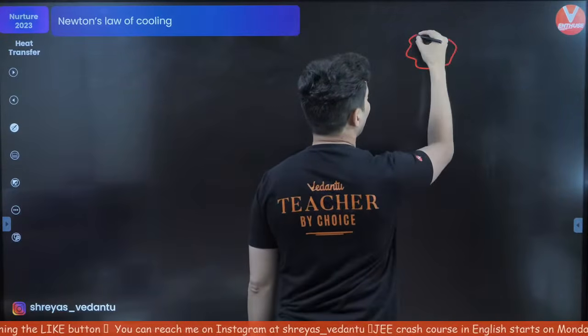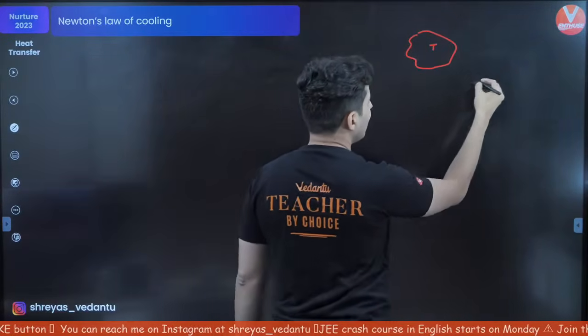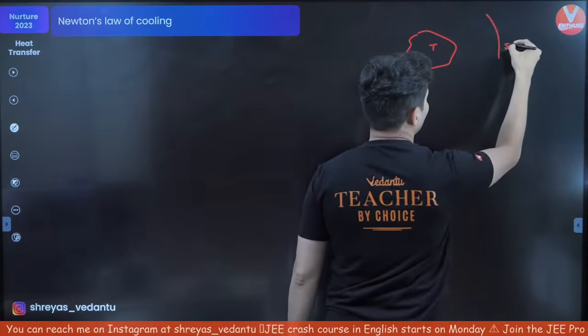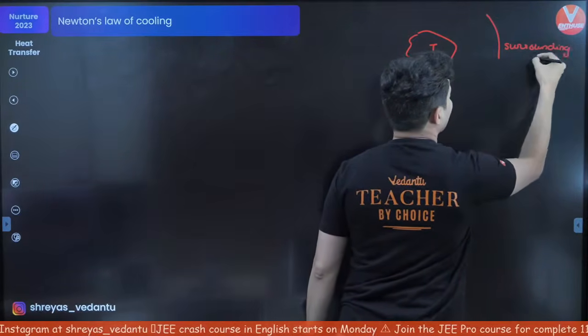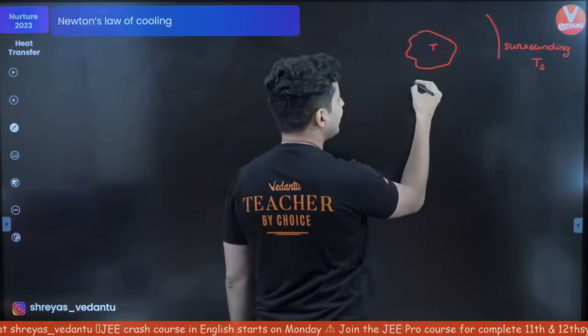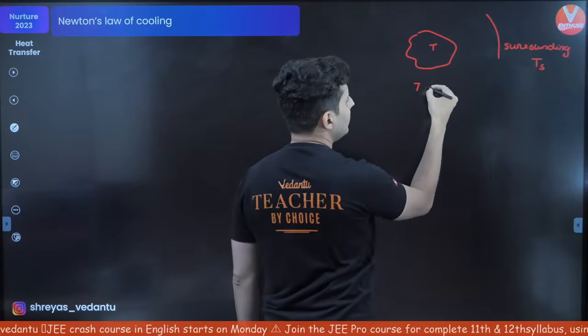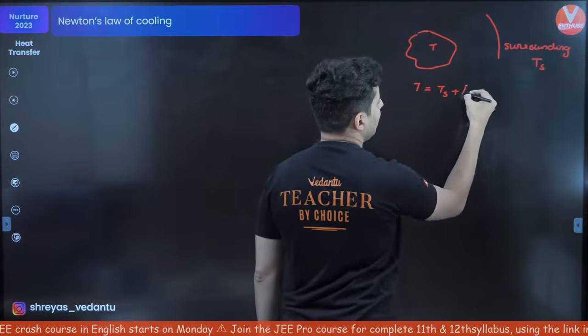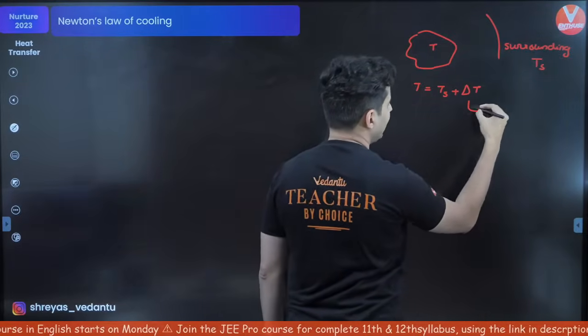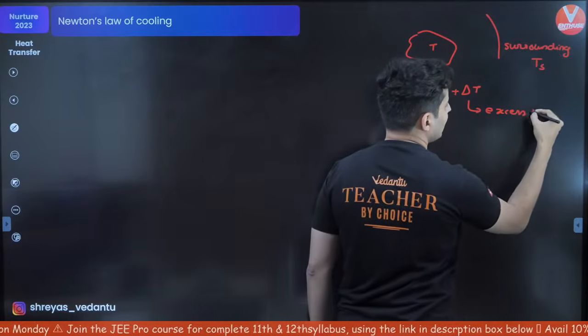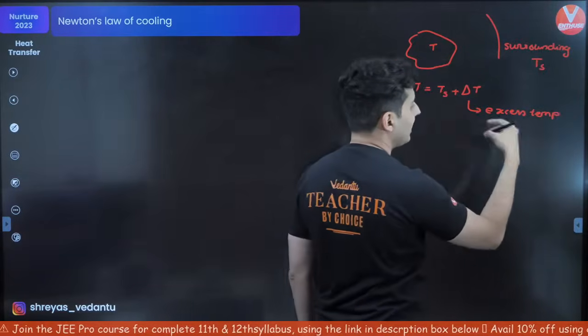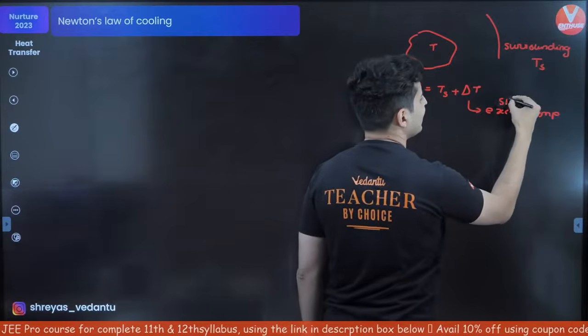Imagine you have a body whose temperature is T and the surrounding temperature is Ts. Let's say that the T value is the surrounding temperature plus delta T. This delta T is the excess temperature as compared to the surrounding, and let's say this is small.